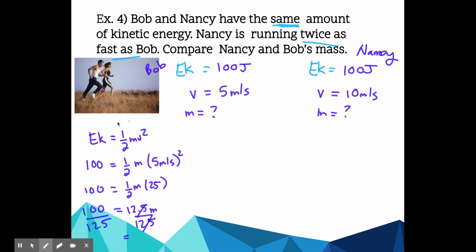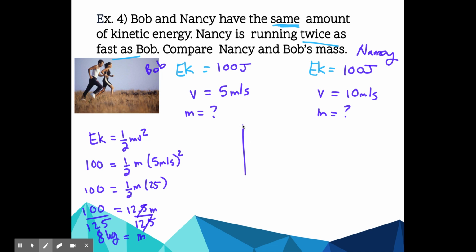Or like I said, don't start here, start with the manipulated one I gave you. Go back and get it if you're regretting your choice now. And you should get, I believe, 8 kilograms.